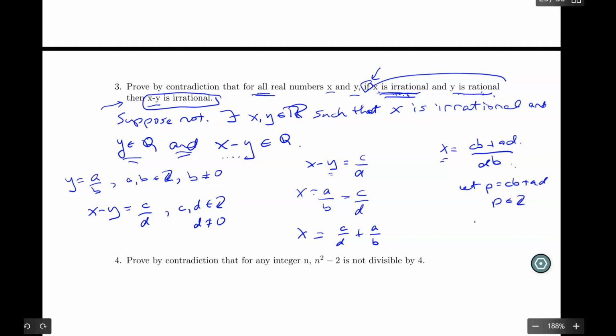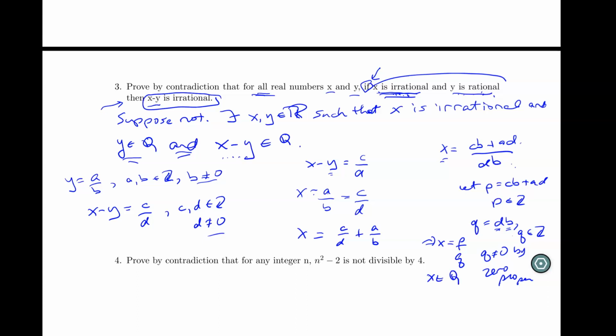And if I let q equal db, q will be an element of the integers, and I know that q does not equal 0 by the zero property, because I know that d doesn't equal 0, and I know that b doesn't equal 0 because I stated it here. So what have I done? I've shown that x can be written as p over q. That means x is rational. Is x supposed to be rational? No, that's the contradiction. x is not rational. So there it is.